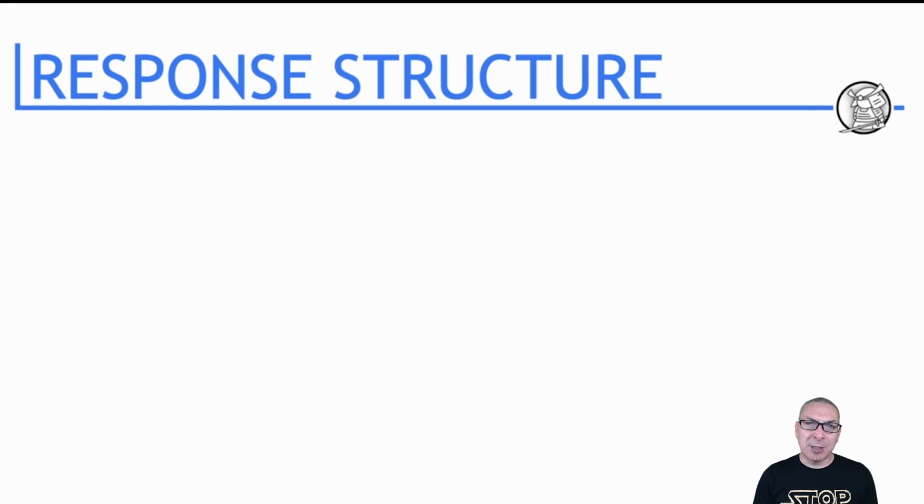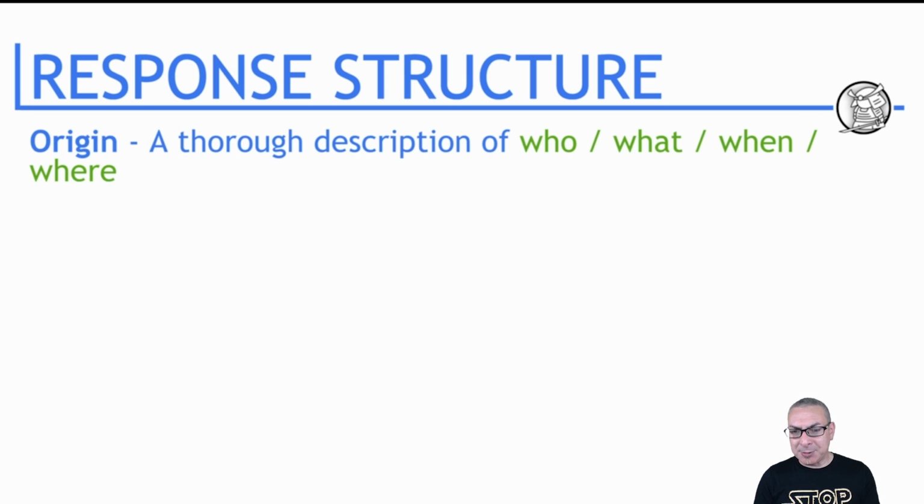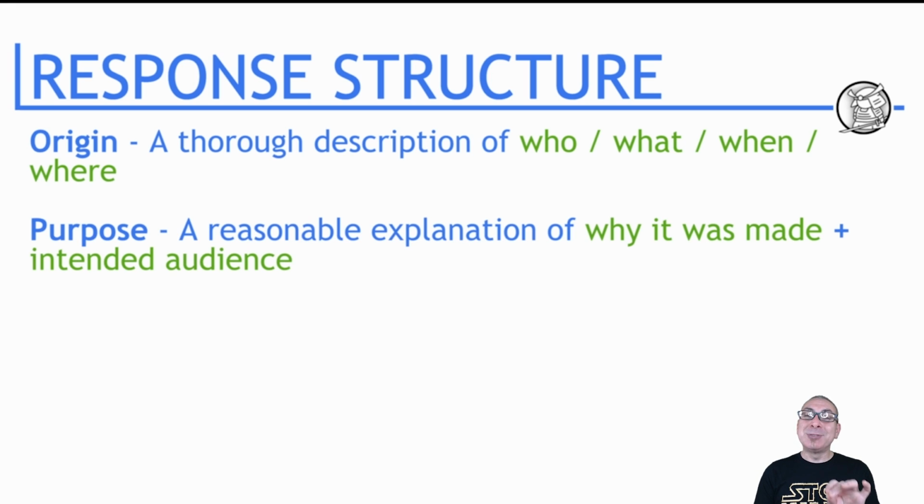So here's the response structure. Origin, you have to give a thorough description of the who, what, when, and where. Write this first. Then write the purpose. And this should be a reasonable explanation of why it was made and the intended audience. Again, you have to infer this from the origin and from the content. So use terms like, a possible reason.